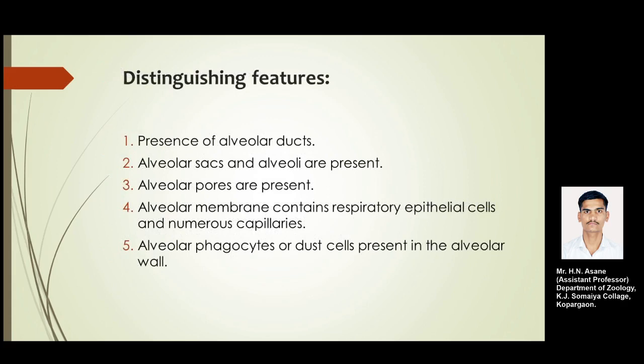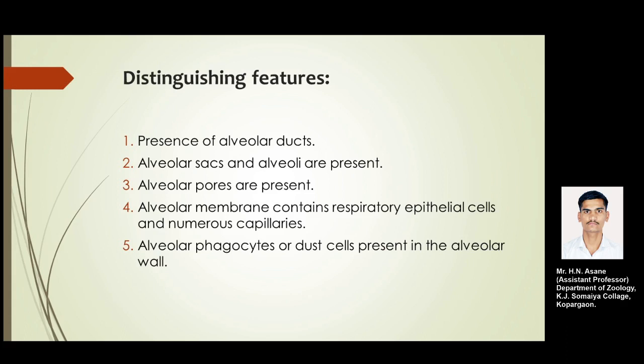The distinguishing features of the lungs: the alveolar duct provides space for air as you inhale and exhale, and alveolar sacs and alveoli are present. The alveolar pores on the membrane help diffusion of each particular gas from higher concentration to lower concentration.